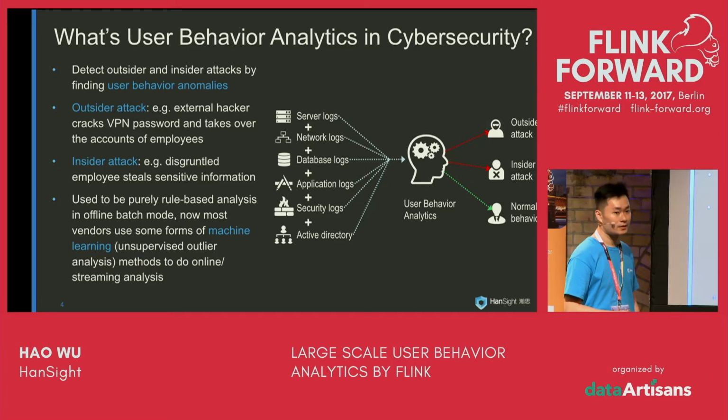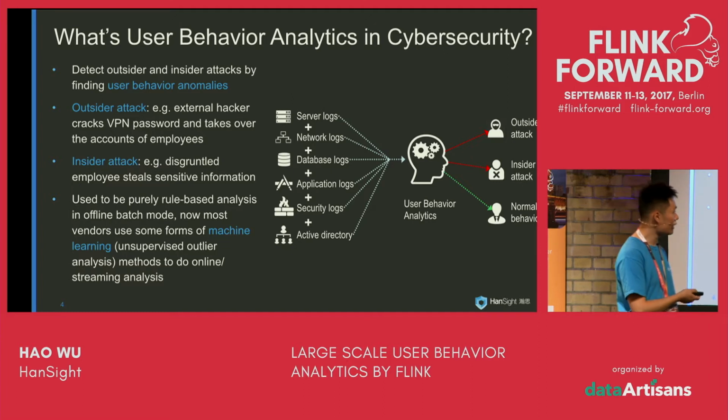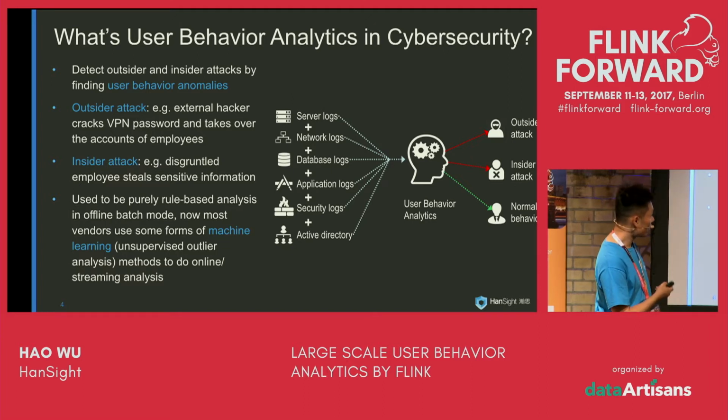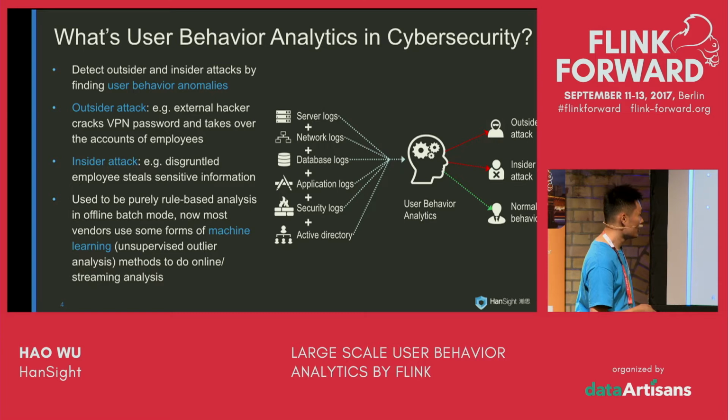So how do we analyze all those behaviors, events? Here on the right, there's a diagram. You can see that we have all those different logs. You have server logs, network logs, database logs, application logs, security logs, Active Directory, or even application-defined, user-defined logs. So you put all those logs into this UBA system.